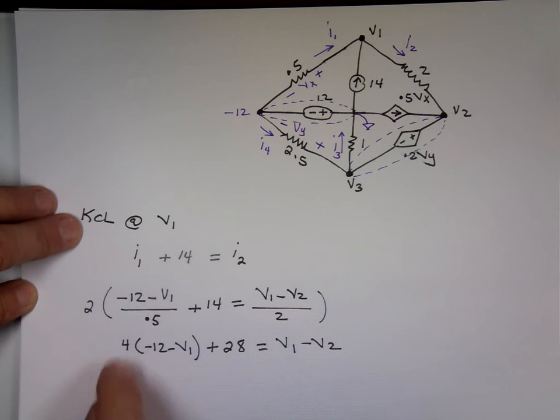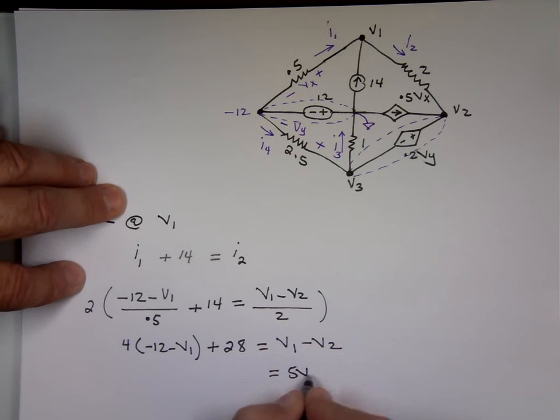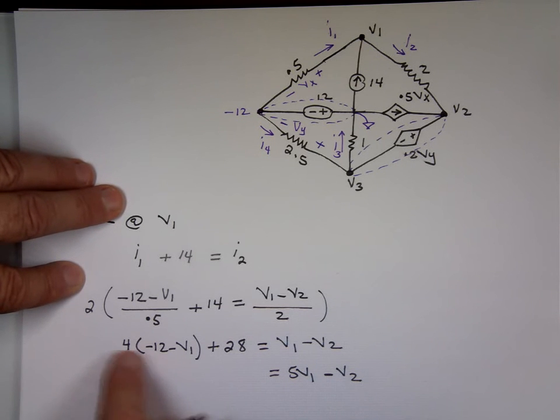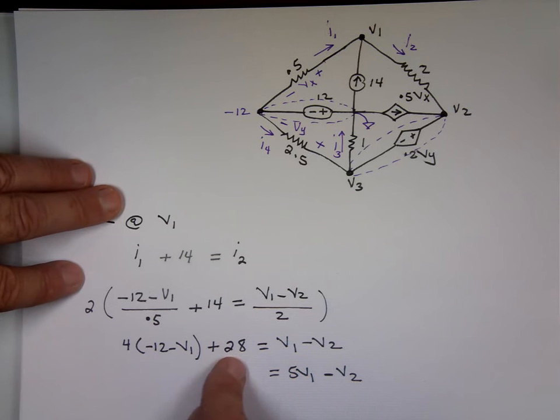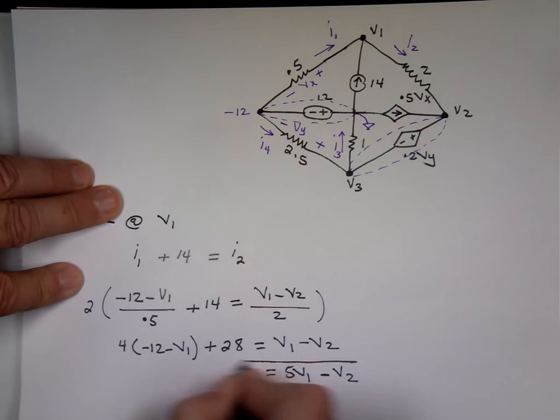So this is negative 4 V1. When you take it to that side, that's 5 V1 minus V2 equals negative 48 plus 28. Is that negative 20? That's the first equation.